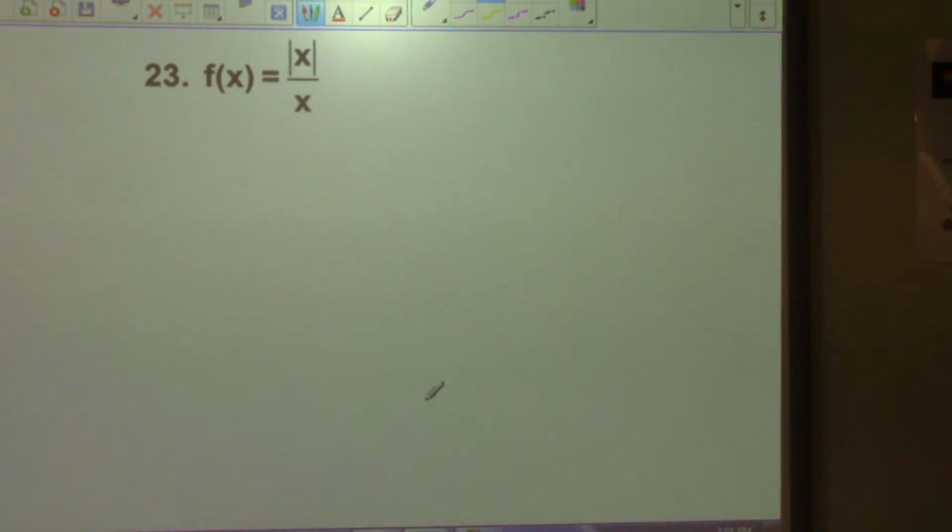Now, 23 is, what do we call that in the numerator? An absolute value. And did we in Algebra 2 Honors last year learn how to put this in our calculator? Yes, we did. We don't remember. This is one of those obscure things that's hard to remember.